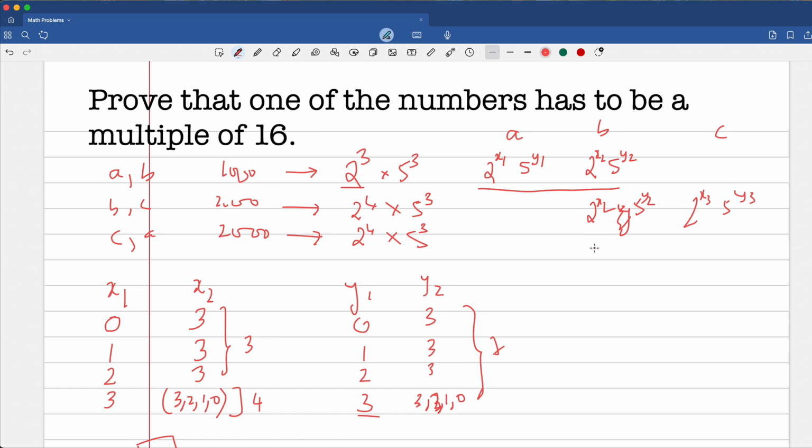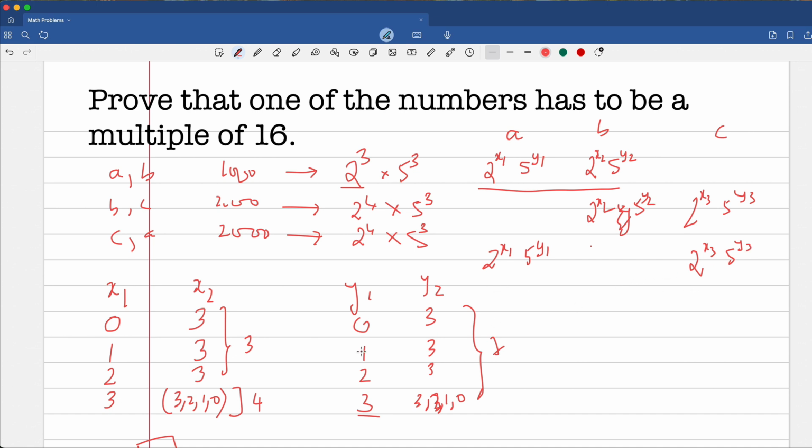Okay, and in this case, you have A, which is 2 power x1, 5 power y1, and C, which is 2 to the power x3 and 5 to the power y3.